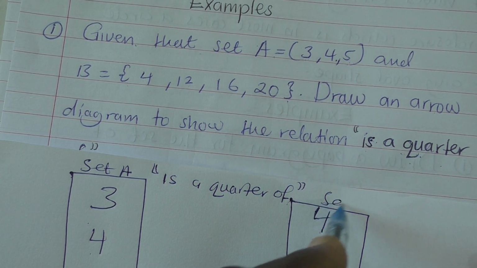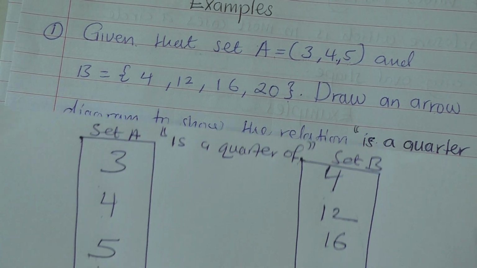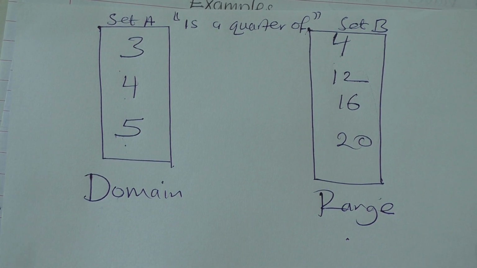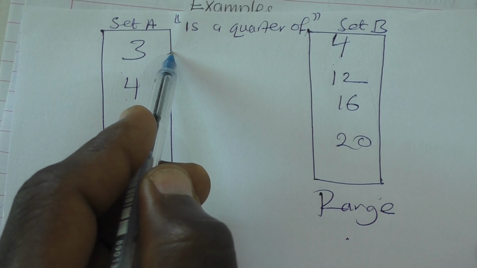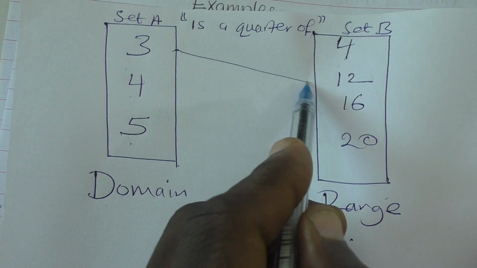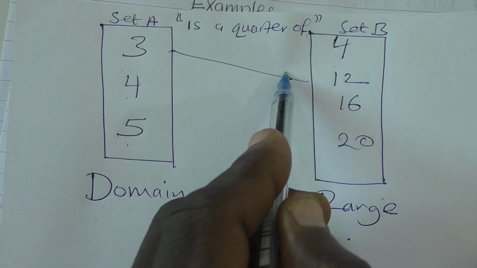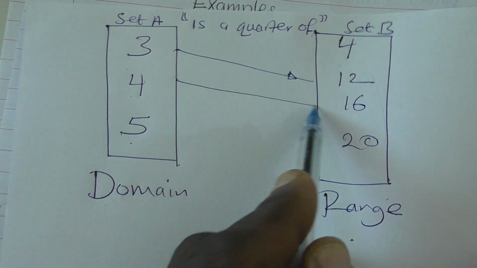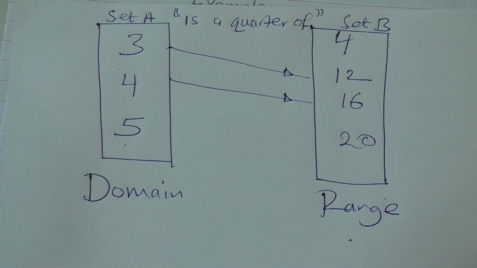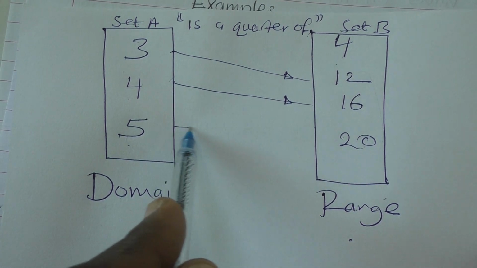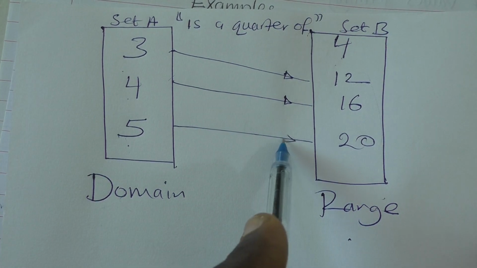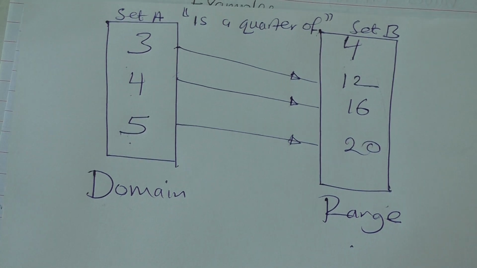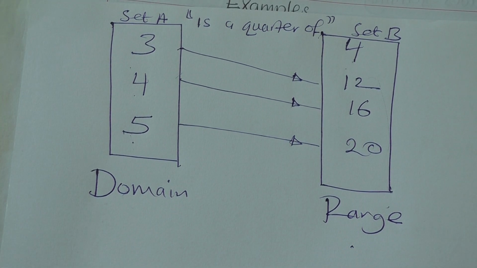This is set B. So 3 is a quarter of 12. And 4 is a quarter of 16. 5 is a quarter of 20. So that's what we call an arrow diagram.